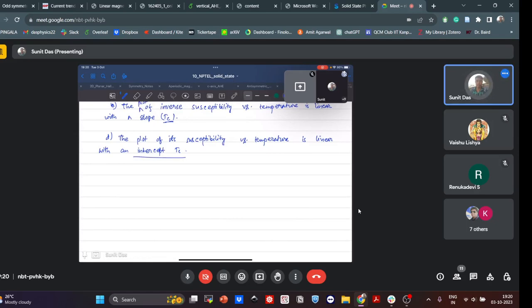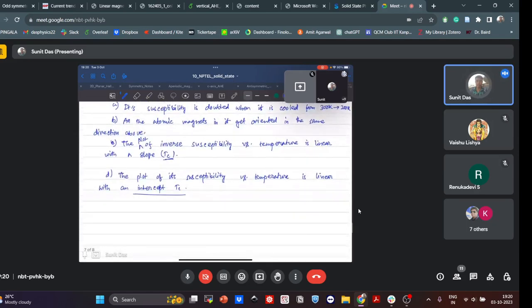The third option, C, was the slope Tc, and the last one is intercept Tc.